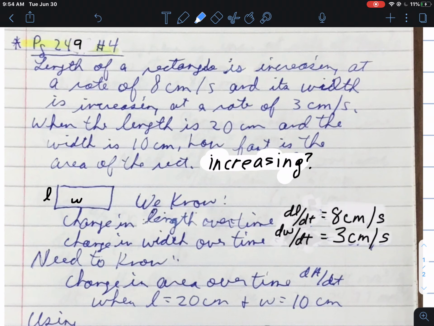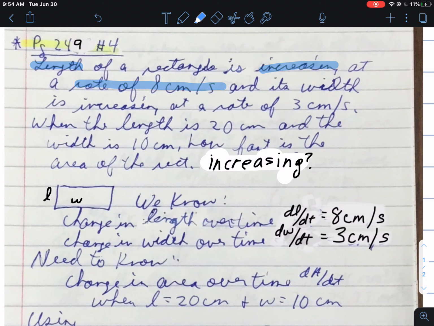We're first given that the rectangle, its length, is increasing at a rate of 8 centimeters per second. So in other words, the length is changing over time. All right, so this is when we talk about rates of change, when we talk about the derivative. We keep harping on the language and the terminology. What is changing with respect to change in what?